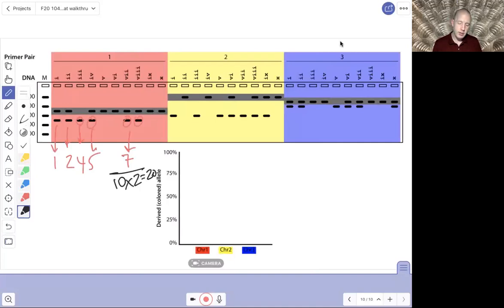So in this case, 7/20ths, or about 35% of the alleles are colored, the red version. So what about yellow? We have 2, 4, 6, 7, 9, 10, 11 yellow. So that's 11 out of 20, which is 55%.